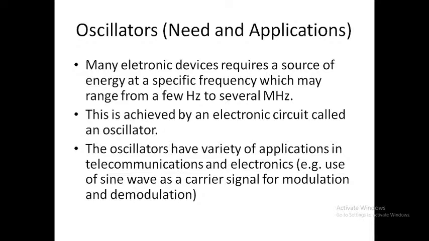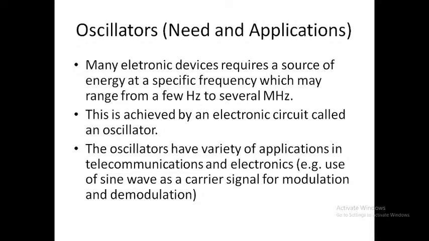Earlier we have seen the amplifiers. What is the function of an amplifier? It increases the strength or power of the signal. In many electronic devices, a source of energy is required. As we are giving a DC source to different amplifiers, but other than DC, we also require an AC source.